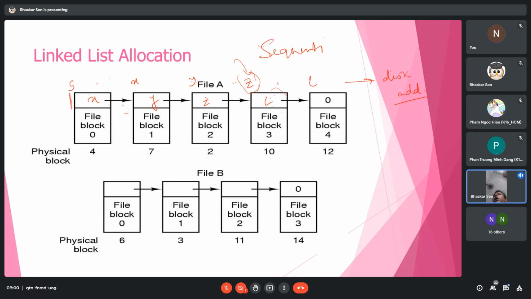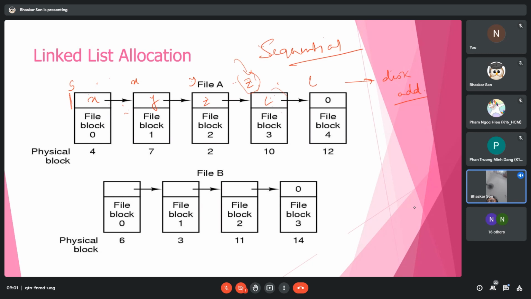So we have the sequential pattern of access, but that's all right. But when it comes to random access, we can't do anything about that, because simply there is no way you can access it randomly.